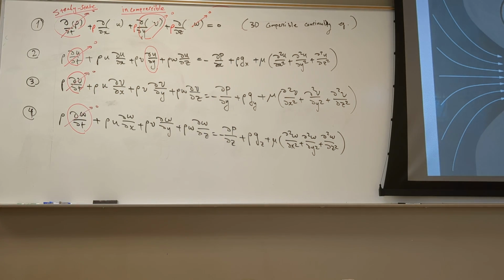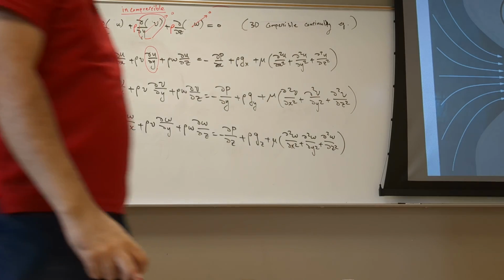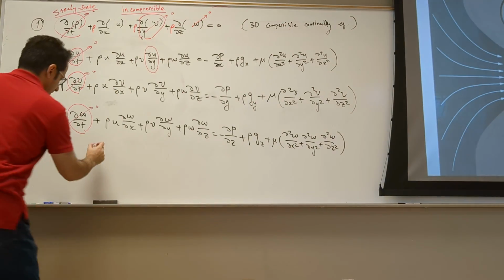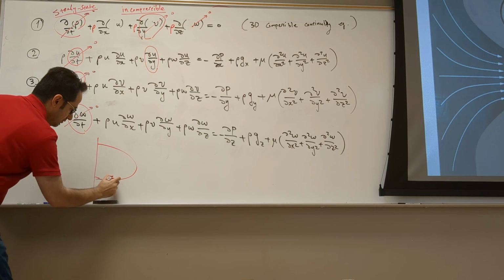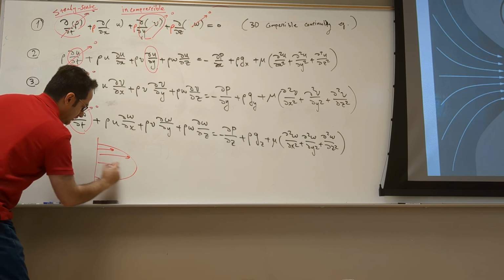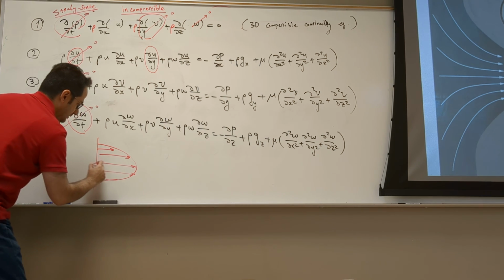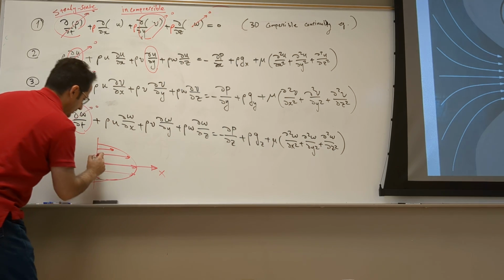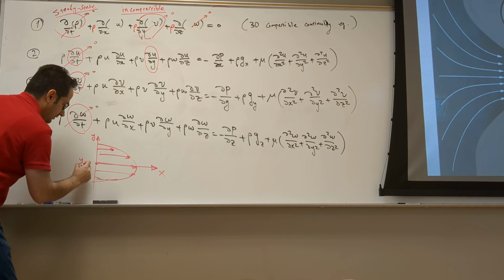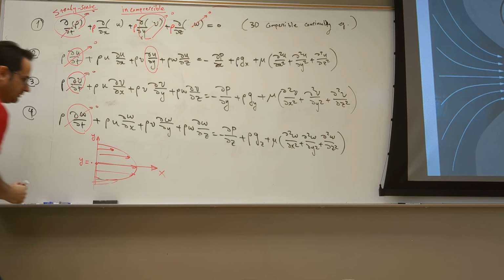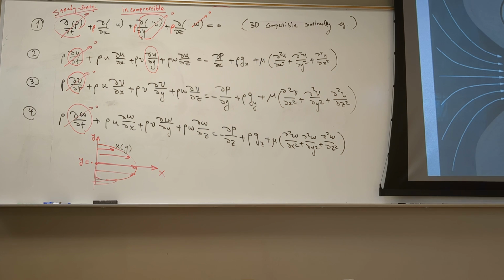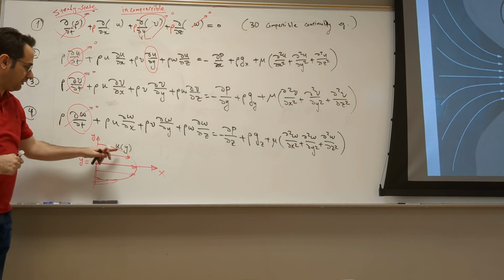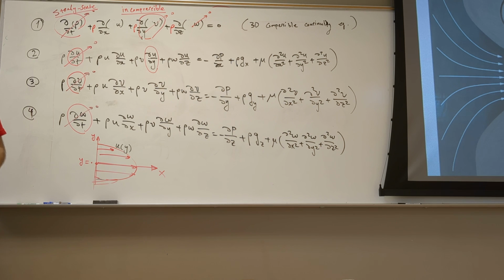What about this term? Is this zero? What is U? Let me draw it here. That's your velocity profile. So that's your U, and this is your X, and this is your Y. So U is U of Y. The derivative of U with respect to Y, is this zero always?